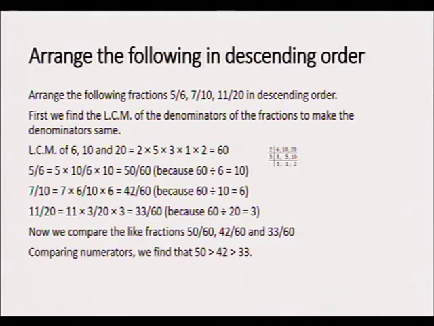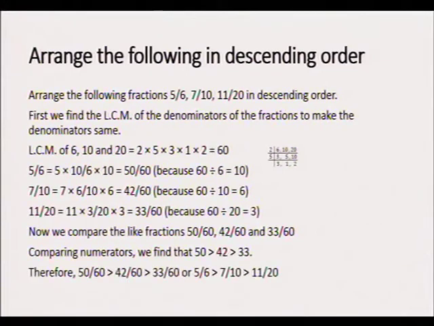Now you know that 50 is the biggest, followed by 42, and then followed by 33. The numerators now, that's what you are looking for, because all the denominators are the same. They are all 60. So you have to look at your numerators. Sorry.